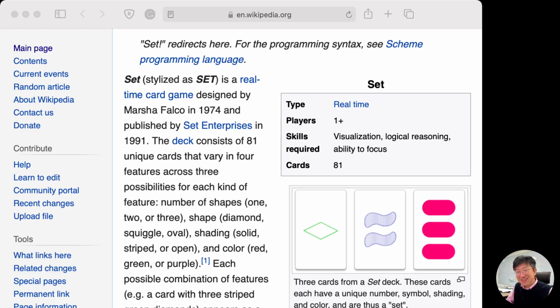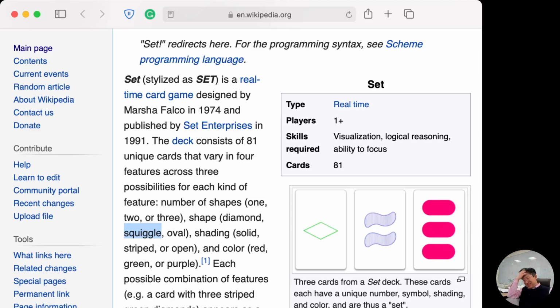So there are 4 properties, each of them has 3 characteristics. The number of shapes is 1 to 3, and the shape is either diamond or squiggle or oval, shading is solid, striped, or open, and color is red, green, purple.